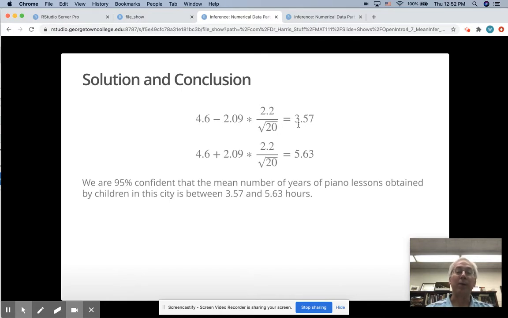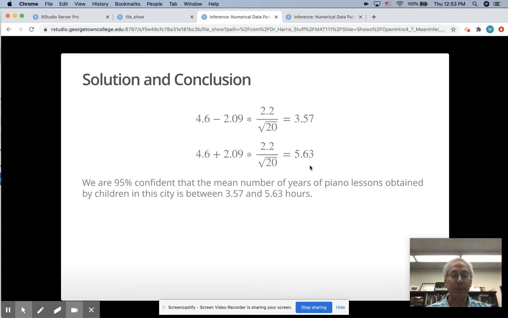If you do the arithmetic and round it to 2 decimal places, you get 3.57. And then you add 2.09 times 2.2 over the square root of 20 to 4.6, you get 5.63. So we are 95% confident that the mean number of years of piano lessons obtained by children in the city is somewhere between 3.57 and 5.63 years.